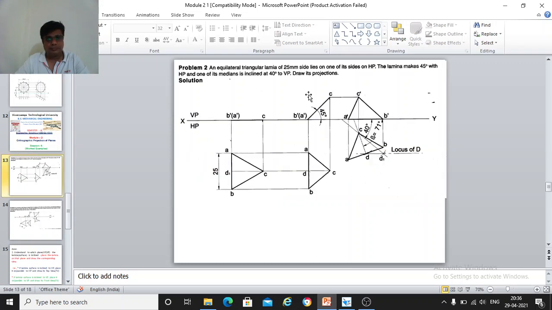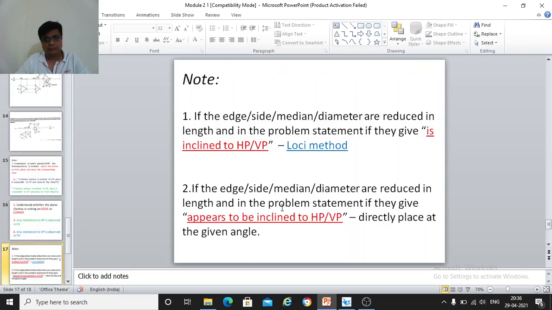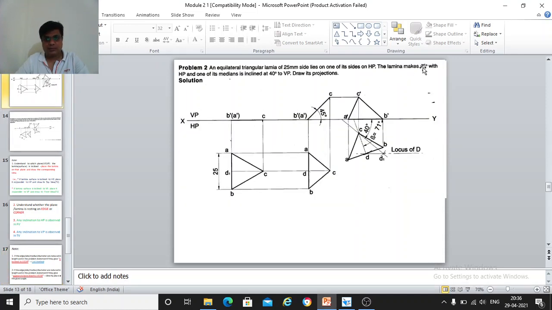In this problem, if I change this statement, instead of "is inclined to HP", I will write "appears to be inclined". So what will happen to this problem? The lamina makes 45 degrees to HP and one of its medians appears to be inclined at 40 degrees to VP. So this small change will be made and we'll see what happens.